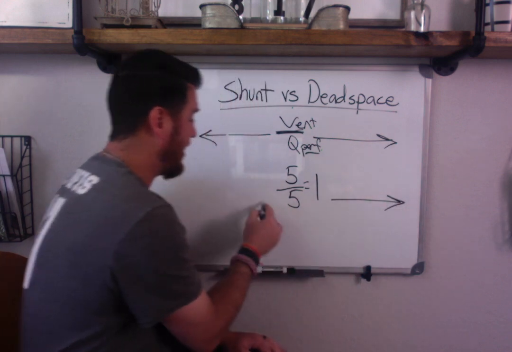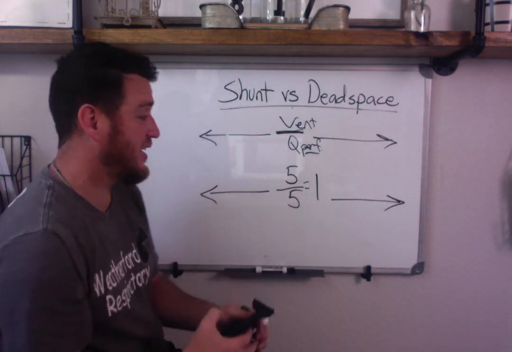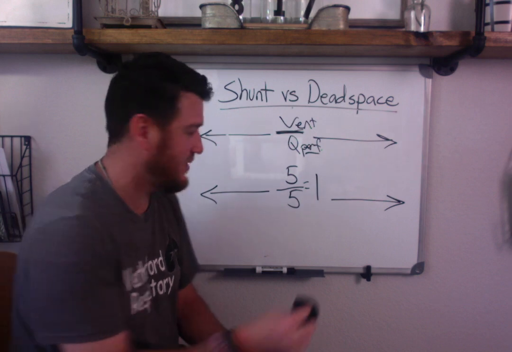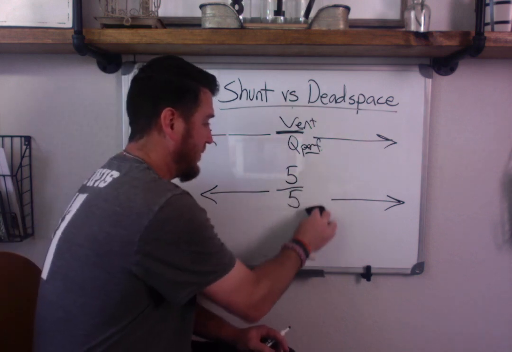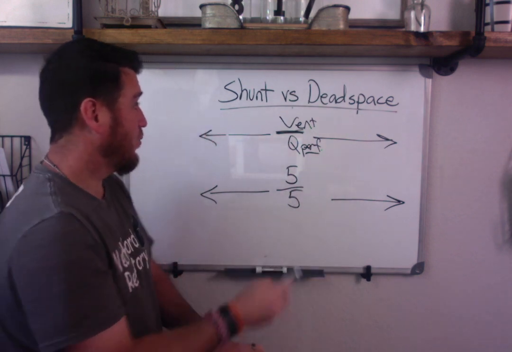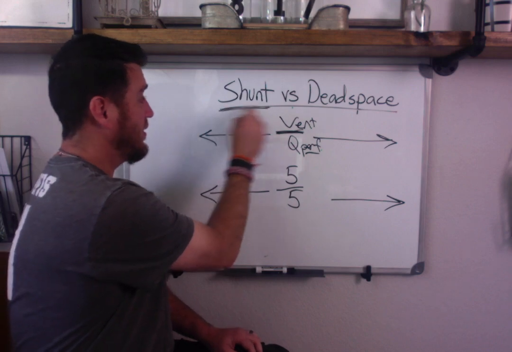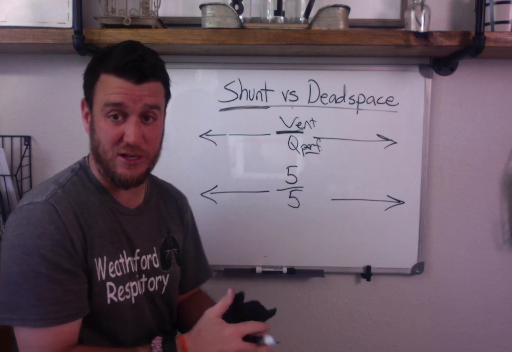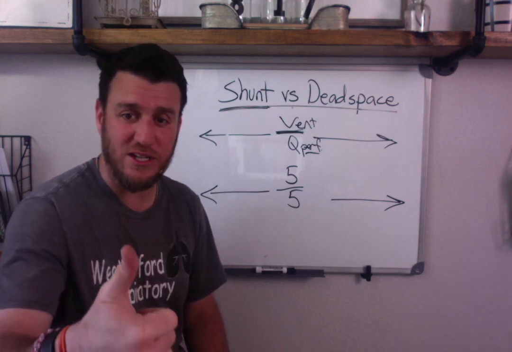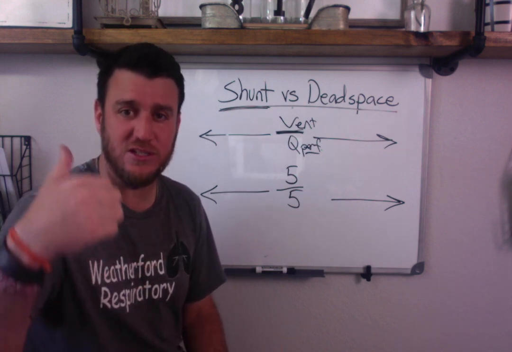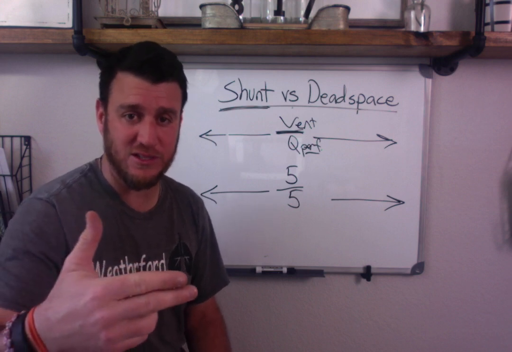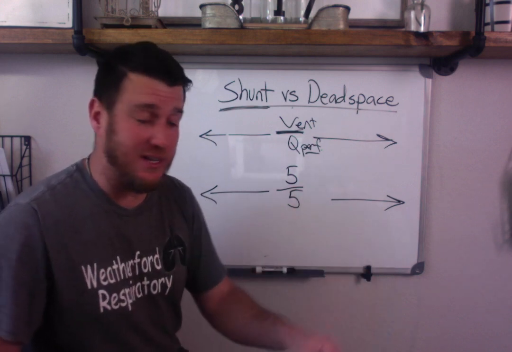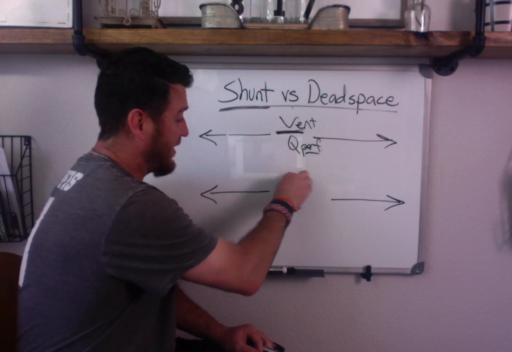Now what would cause this ratio to increase or decrease? That's the question. Now, remember, when you said shunt, you said perfusion in excess of ventilation. These are atelectatic regions, consolidated regions, fluid-filled alveolar regions. So those areas are going to have decreased ventilation.